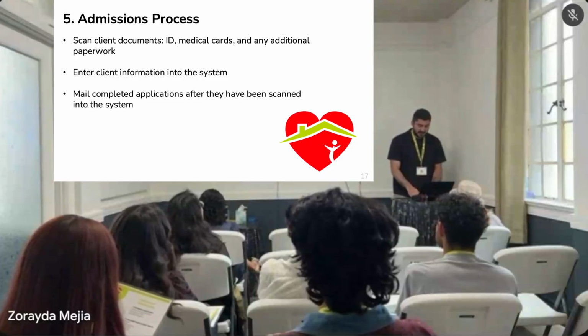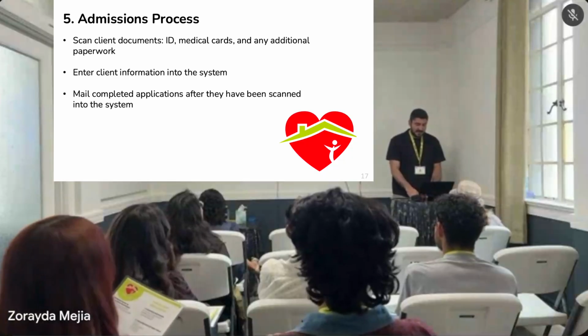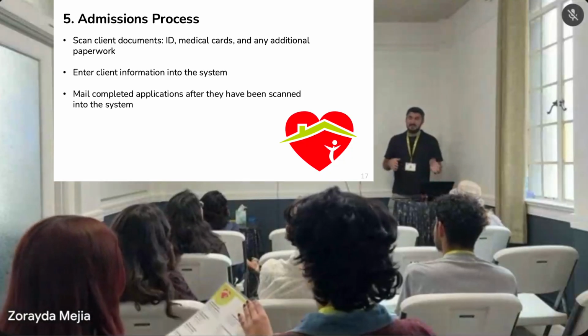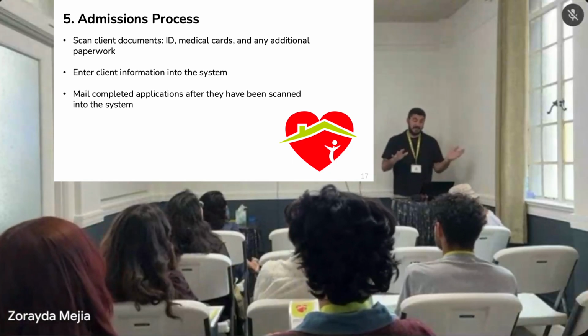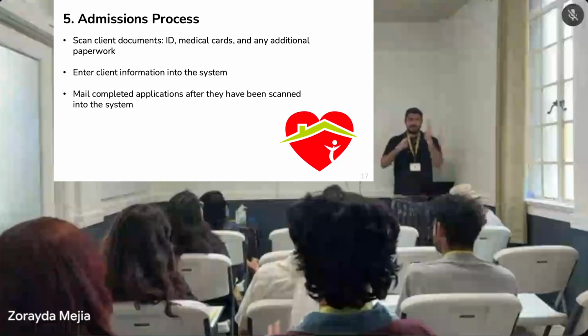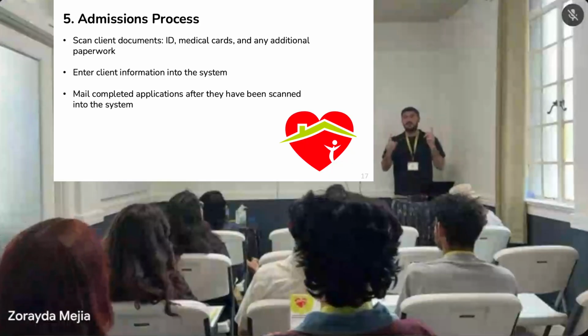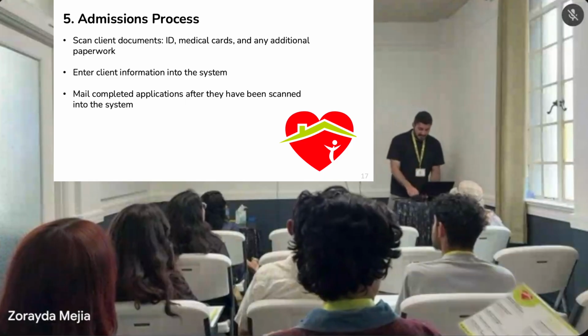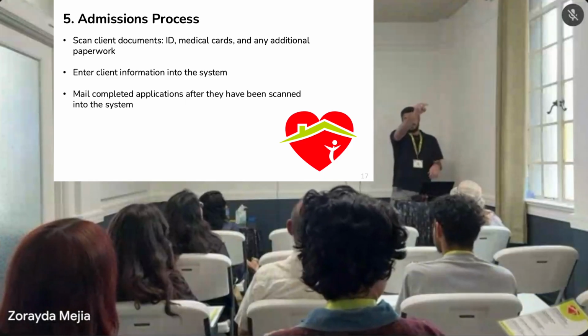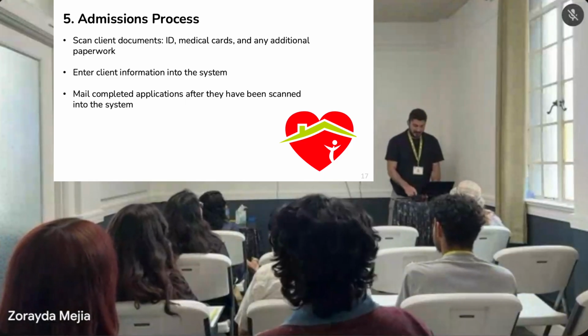They enter the client information into the system, and they mail. One of the other things they do is they mail these completed applications after they've been done. They mail them and scan them, not in that order, the other order. They scan them, then mail them to the properties. So this is admissions. They usually work in this little corner right here behind Francisco.